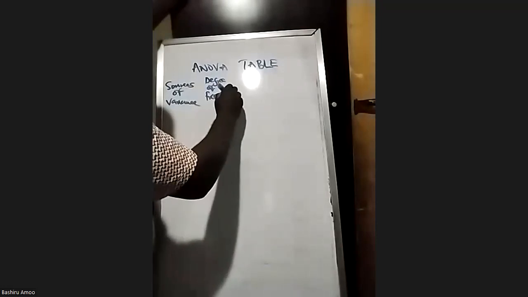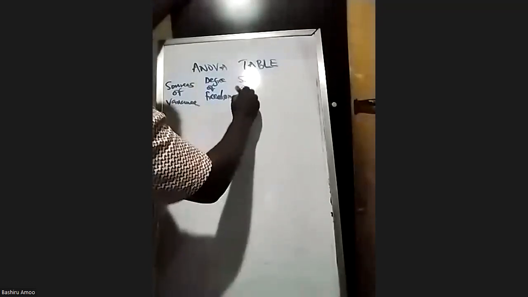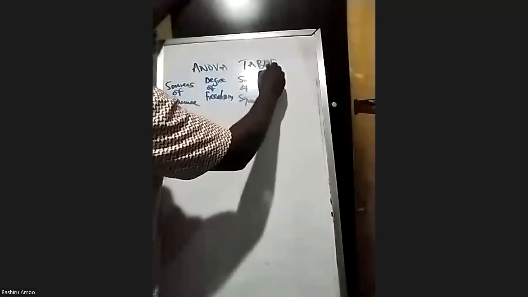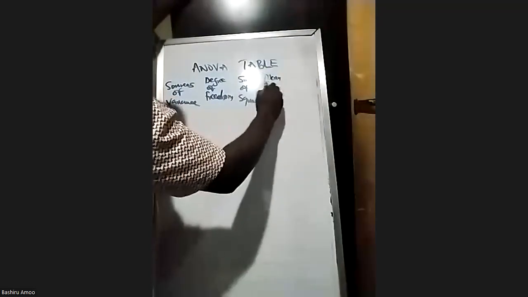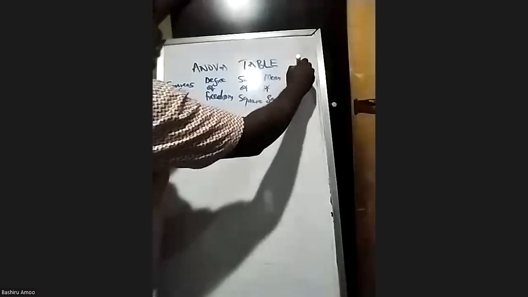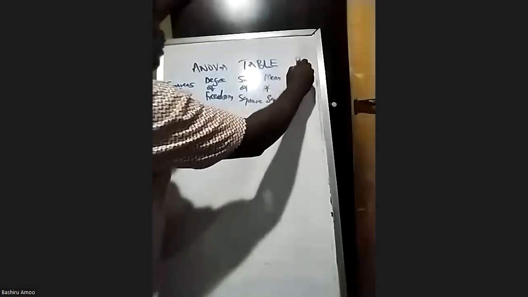Here we have sources of variance, degree of freedom, sum of square, mean of square, and F test.